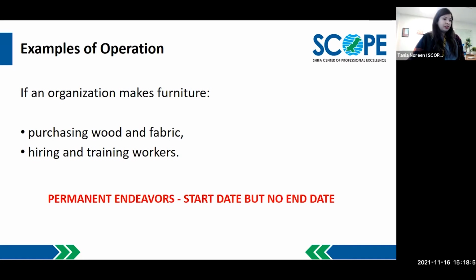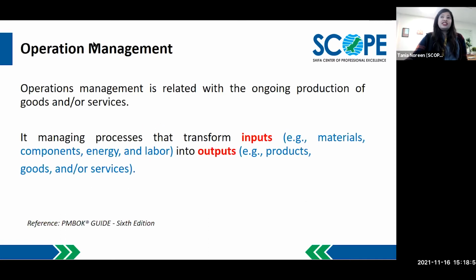Let's move forward. What is operation management? Operations management is related to the ongoing production of goods and services. It manages processes that transform inputs into outputs. The concept of input and output, which we hear all the time, comes in the category of operation management.